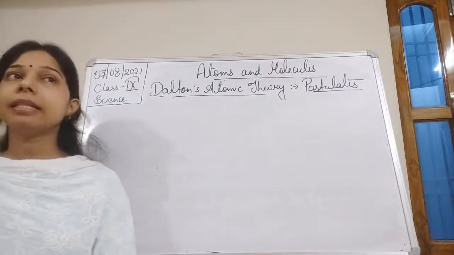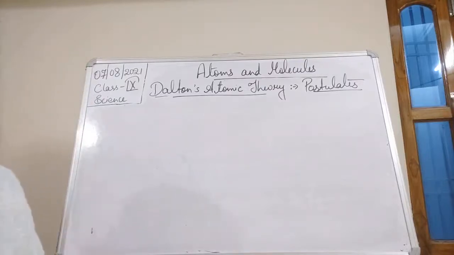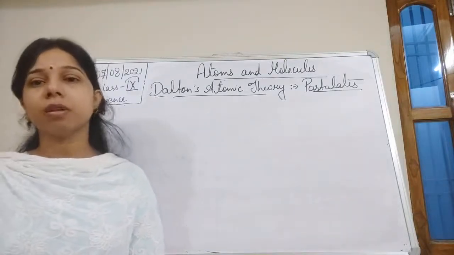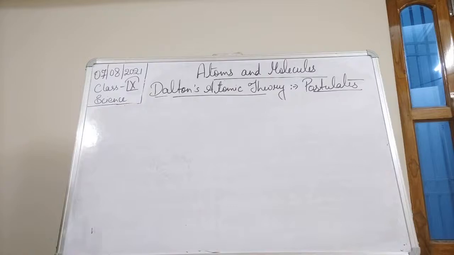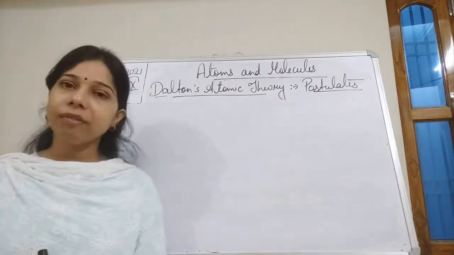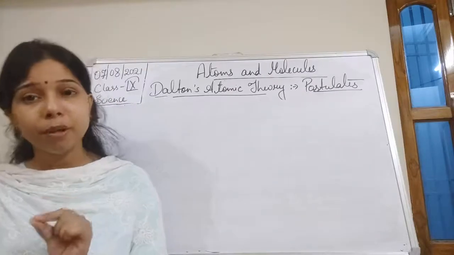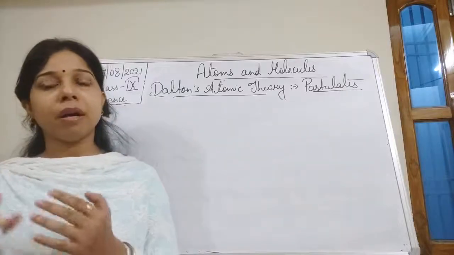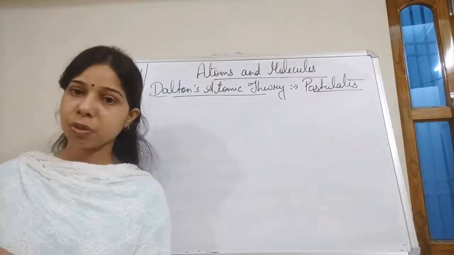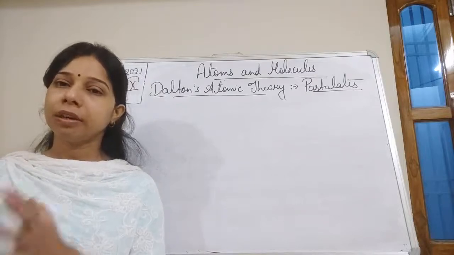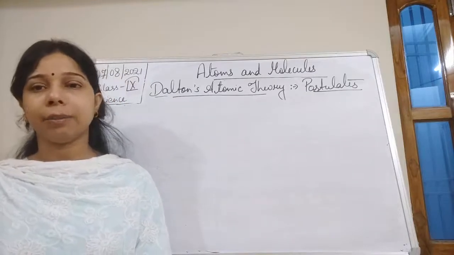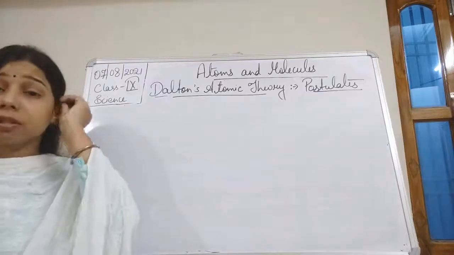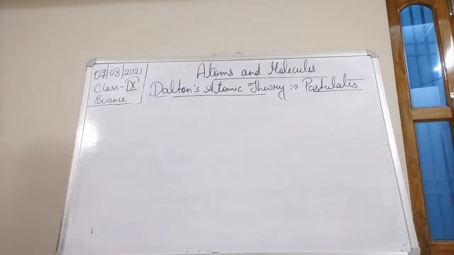And finally, he said that when the atoms of two elements combine together, they always combine in a simple ratio. The ratio can be 2:3 or 2:8 or 3:8. Such a ratio will be there between the two elements. So these are some of the postulates given by Dalton.